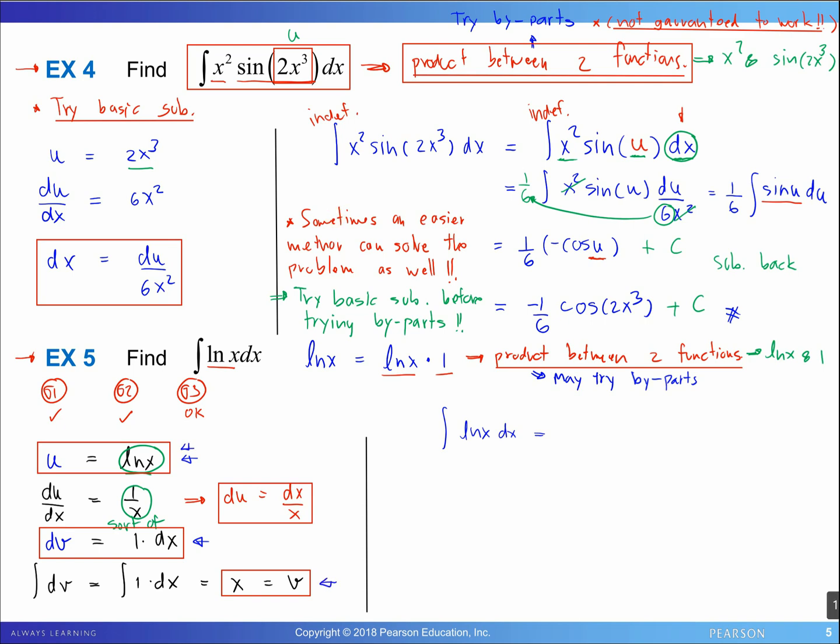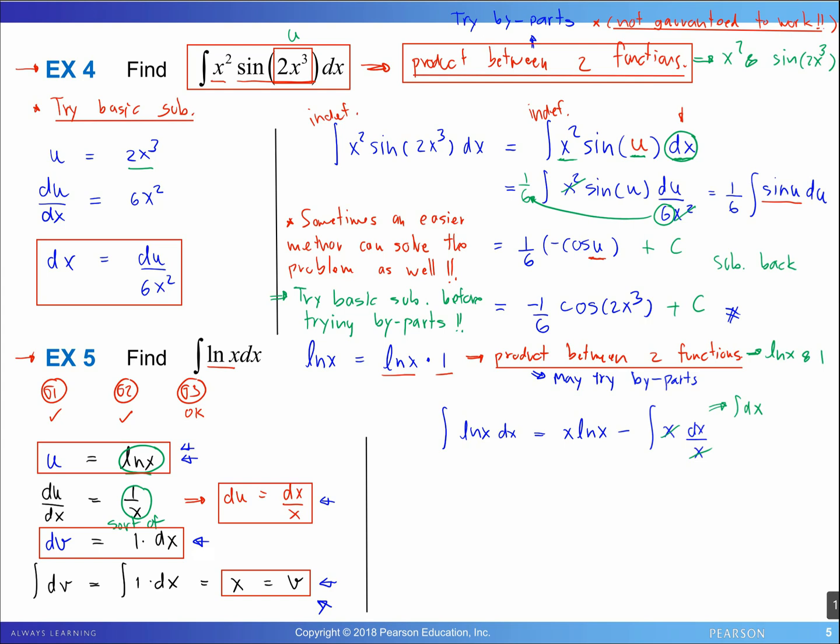So u times v is x ln x minus integral of v, which is equal to x, du equal to dx over x. And now this x cancels with this one. So we only have integral of dx right here.